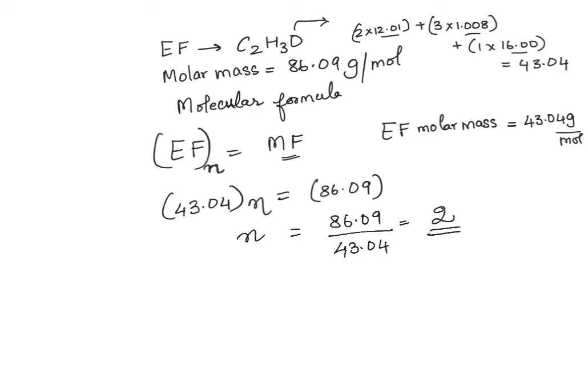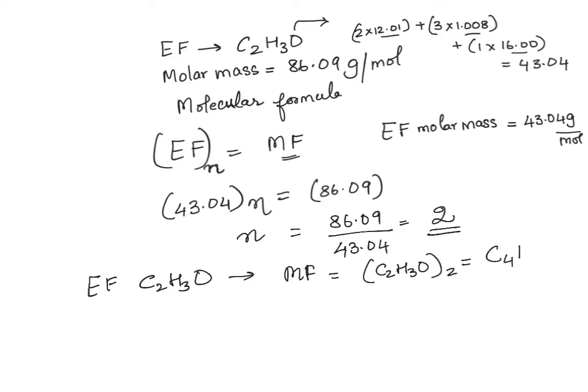So if the empirical formula is C2H3O, the molecular formula will be C2H3O multiplied by 2, which would be C4H6O2. That will be the molecular formula.